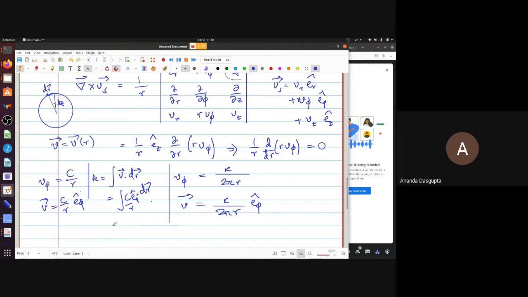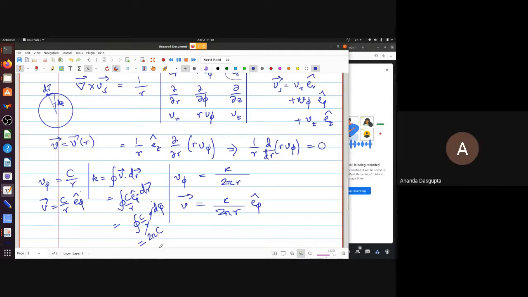Okay. But what is e phi dot dr? It's nothing but this length, right? And that's R d phi. So C by R into R d phi. And when you go all the way around, this is a closed contour integral. How much does phi change when you go all the way around? 2 pi.